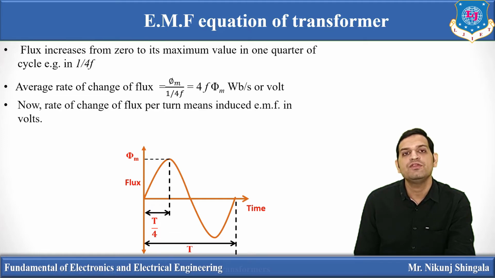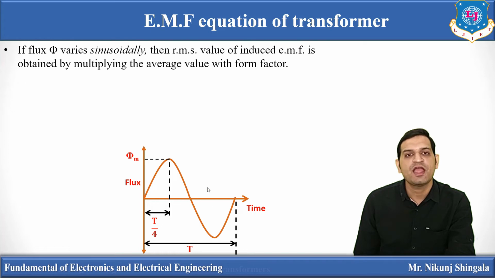The rate of change of flux per turn means induced EMF, according to Faraday's law of electromagnetic induction. So the average EMF per turn is equal to 4f phi m volt. Now phi m varies sinusoidally, so the RMS value of the induced EMF is obtained by multiplying the average value with the form factor.